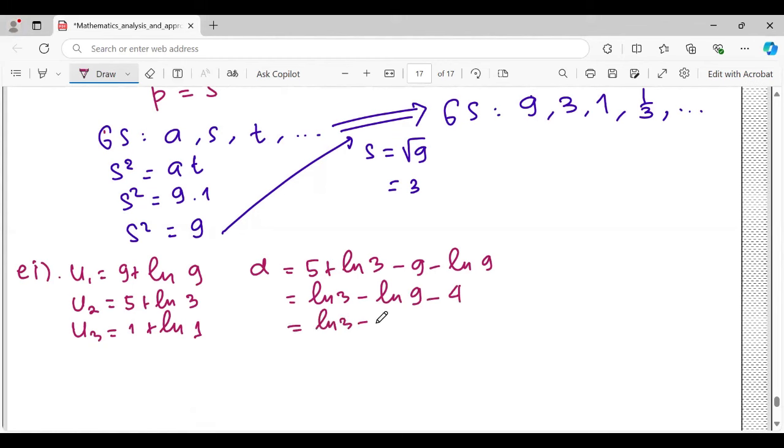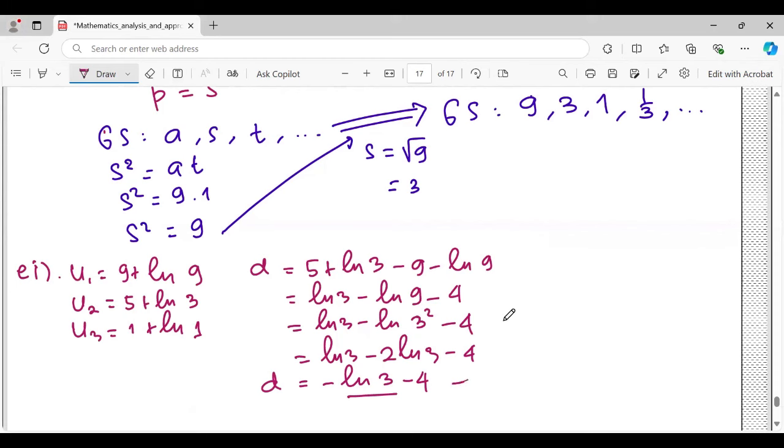Ln 3 minus ln 3 squared minus 4. So ln 3 minus 2 ln 3 minus 4, and it becomes minus ln 3 minus 4. This is the solution. Or you can write it like this, minus 4 minus ln 3.